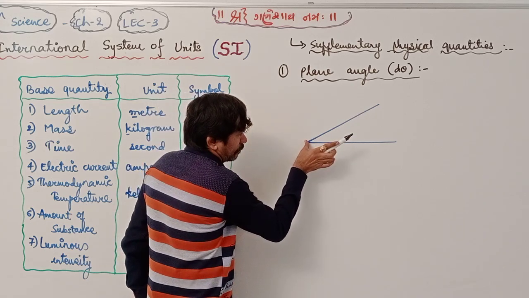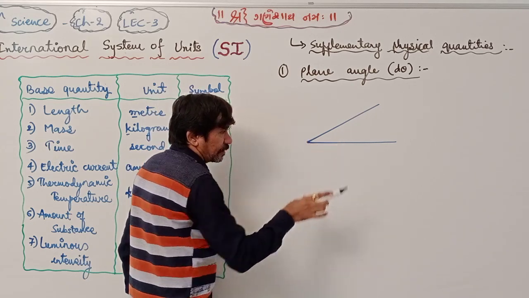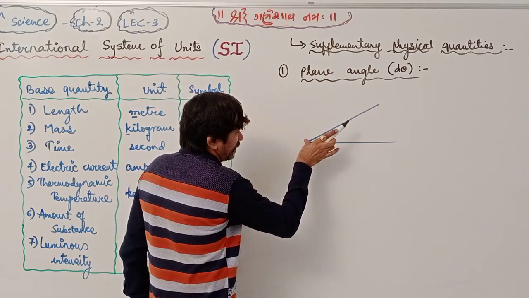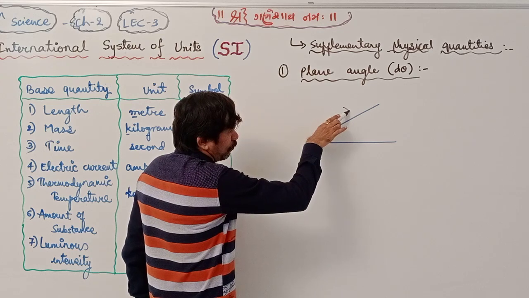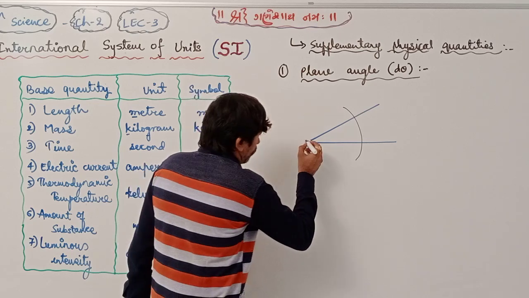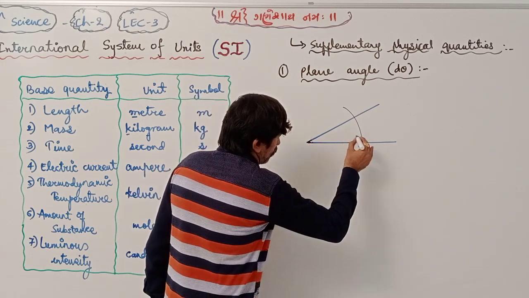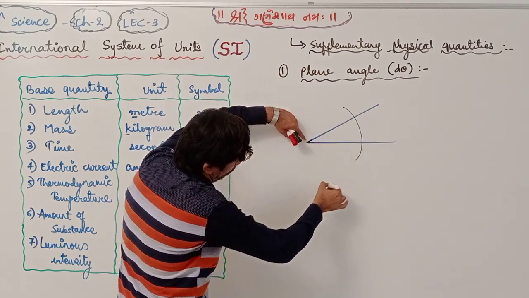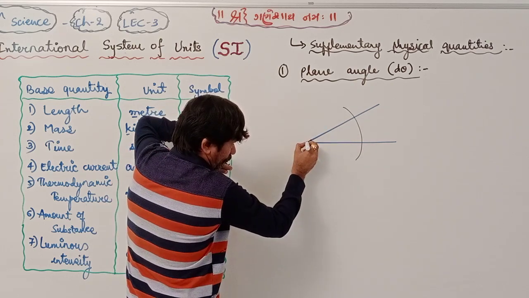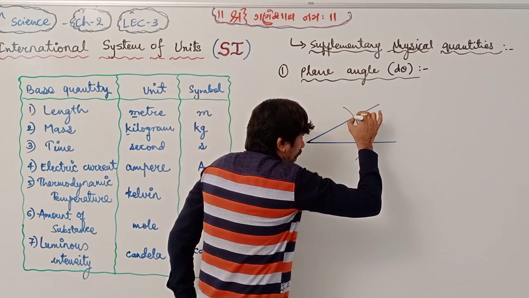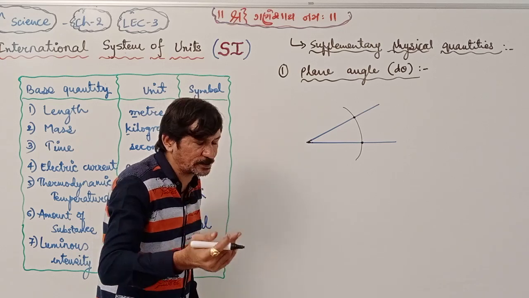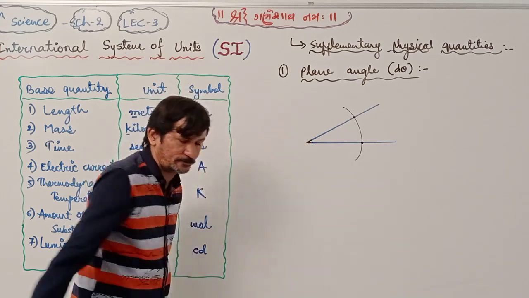Take this point of intersection as center, and taking any radius you like, draw an arc. You have drawn an arc which is a part of a circle. This point is the center of that circle. Now these are the 2 points where the arc intersects 2 lines forming an angle.